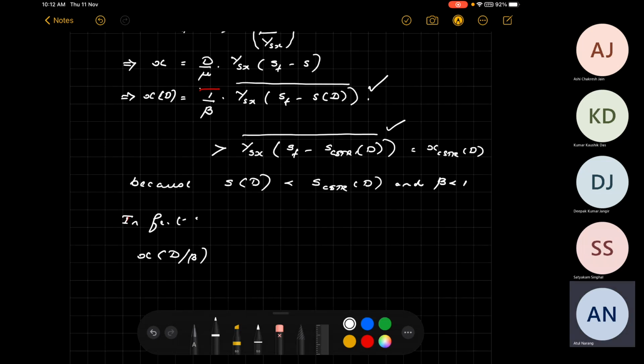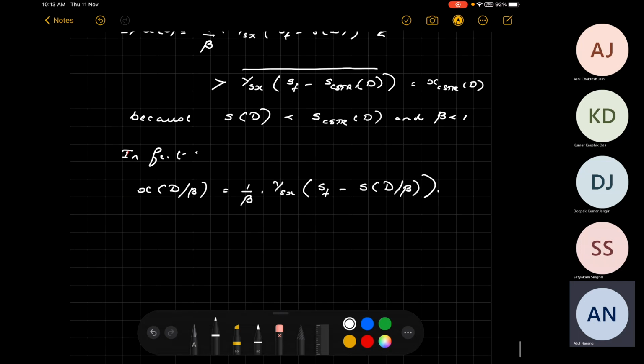And if you do that, you end up with the expression, this expression over here. So X at D over beta equals 1 over beta multiplied by Y_SX multiplied by (S_F minus S at D over beta).